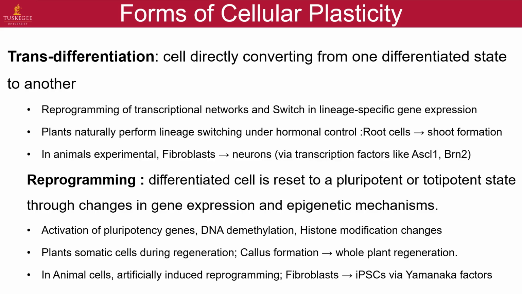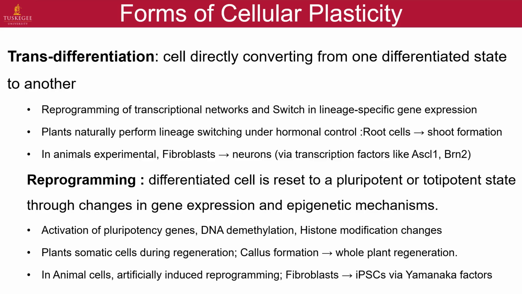In plants, a good example of transdifferentiation is where we have plant cells being given the right conditions and then switching to another cell type. This occurs because most of the time plants naturally can switch their lineage given different hormonal balances.